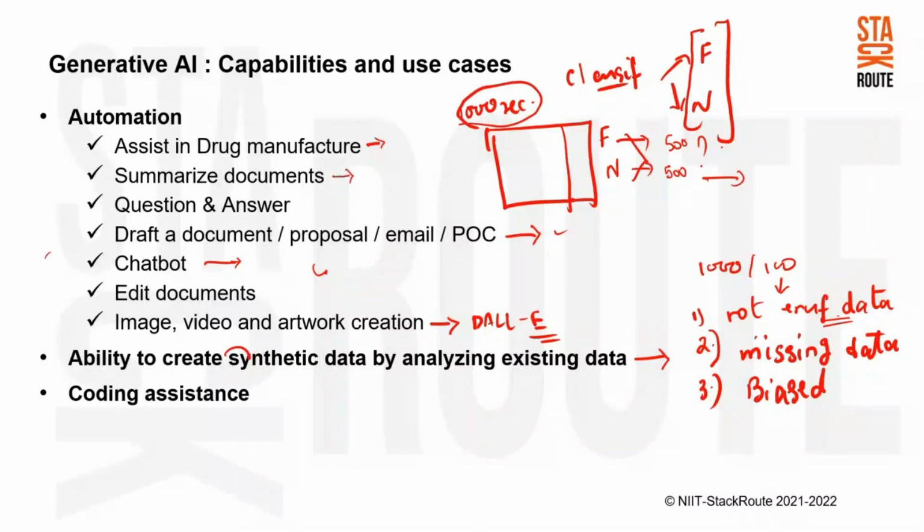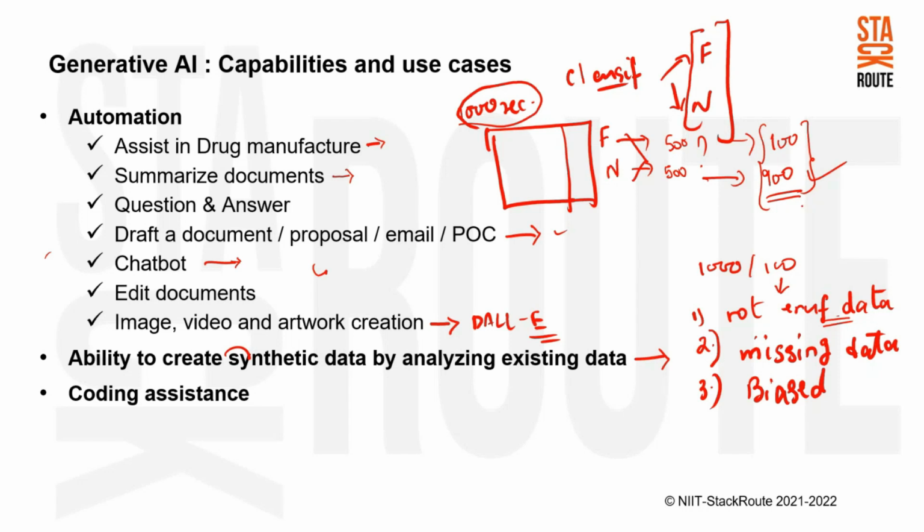Or will I have more of good transactions? Let's say 900 good transactions and maybe 100 fraud transactions. Will it be like this? The likelihood that my data will have more of good transactions is high.